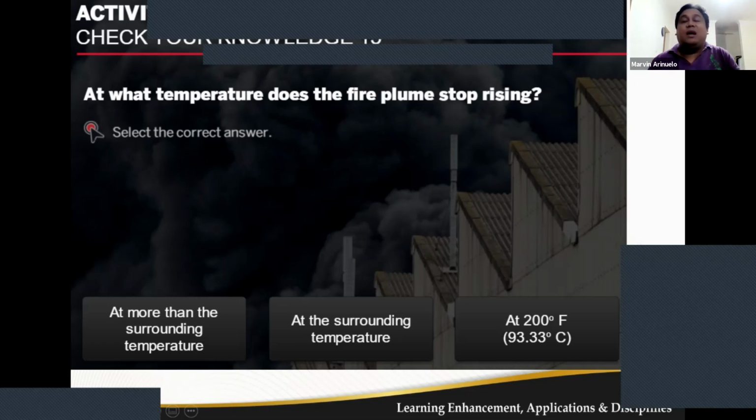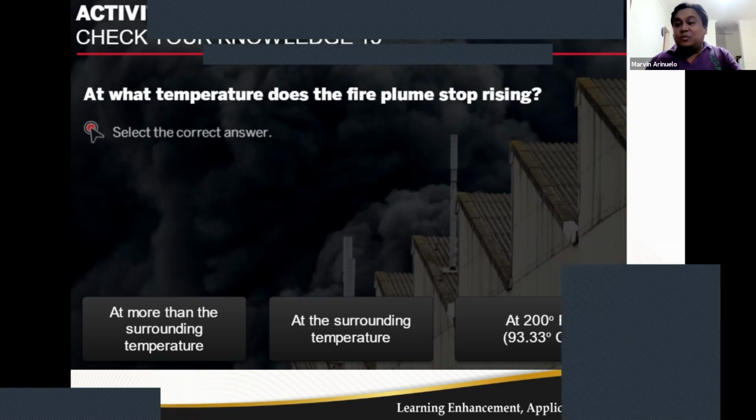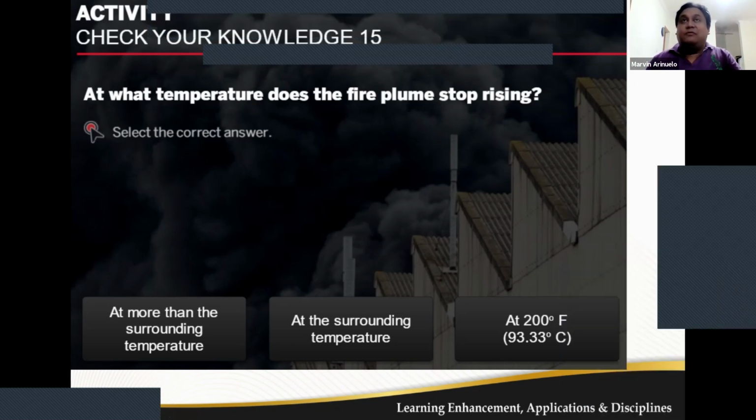We do not want this to happen, especially the stratification, because at some point it will travel horizontally. So that's why I think every 4 meters, no, we install beam detectors. That's what I remember, but please check your NFPA 72 standard for the height and location of your smoke detectors.